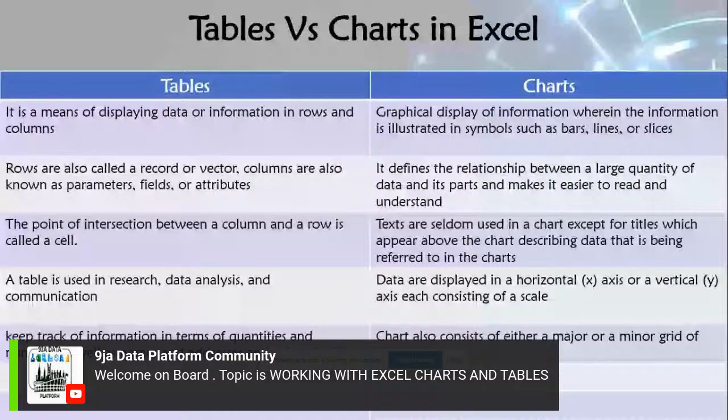What this means is that we don't use much text in a chart, except if you just want to write the title, like sales figure or sales performance, something that you see at the top. Not like tables where you can write everywhere. You can write name, figure, area, location, as much as you want.